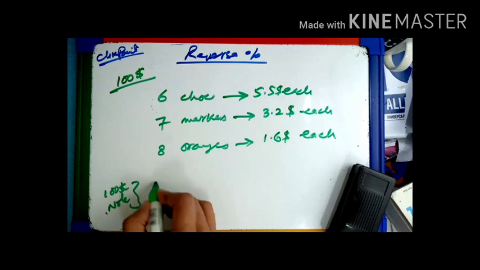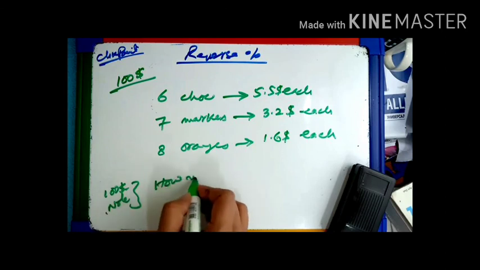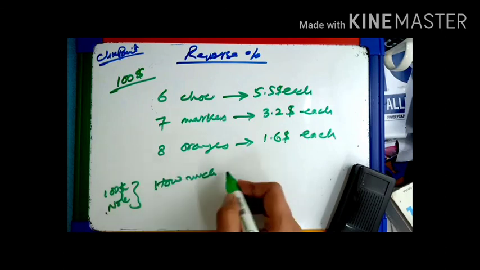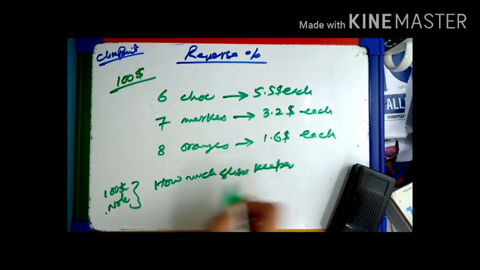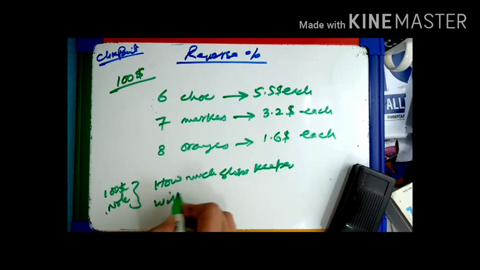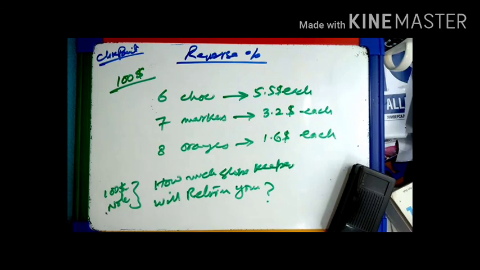So how much will be the change? How much will the shopkeeper return to you? Do this question. This is all you have to buy, and you have a $100 note. How much will the shopkeeper return to you in the end?